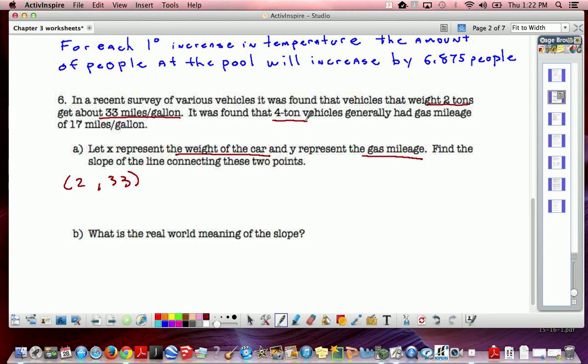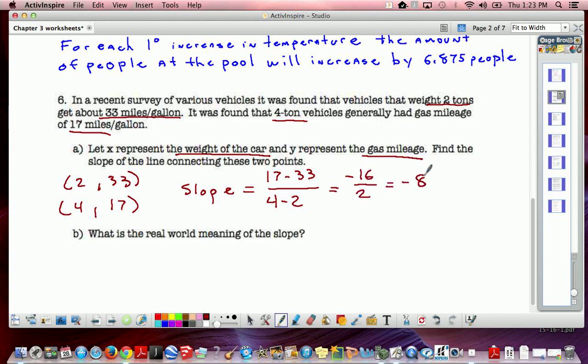My second car was 4 tons, and it got 17 miles to the gallon. So now, I'll plug away and do my slope. So for the slope, change in Y, 17 minus 33 over change of X, 4 minus 2. So here I get negative 16 over 2, or negative 8. And yes, your slope can be negative. It just means it's going down.